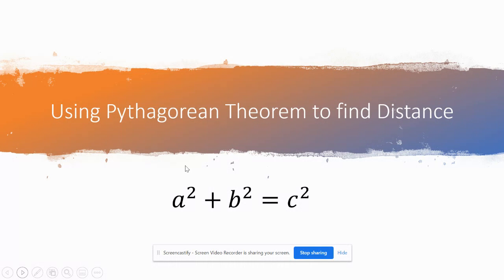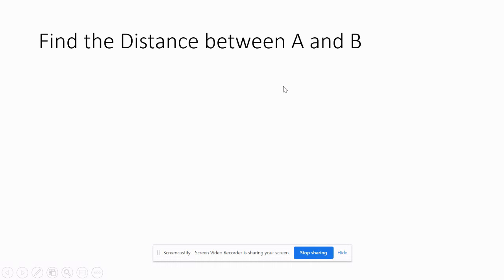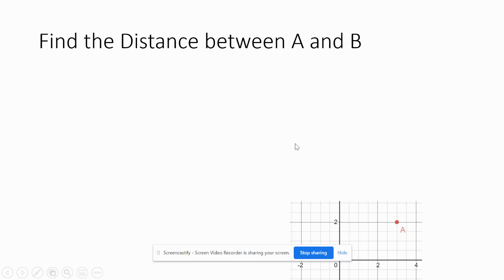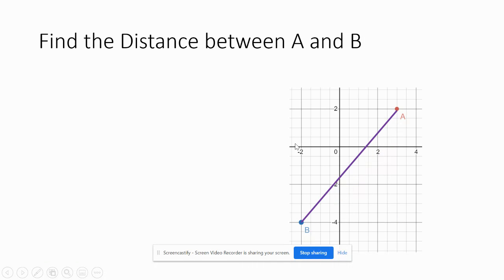Pythagorean theorem. So that's the sum of the squares of the legs is equal to the square of the hypotenuse. We're going to find the distance between A and B. Okay, so notice that A is on the right, so just be careful, everybody, that you're looking, and we want to know the distance between these. Okay, so we can do it on the graph, everybody, where we count the length, so that would be 6.